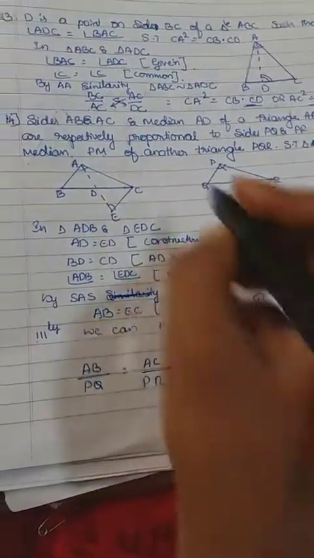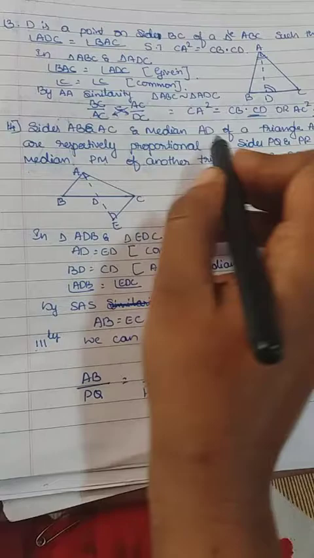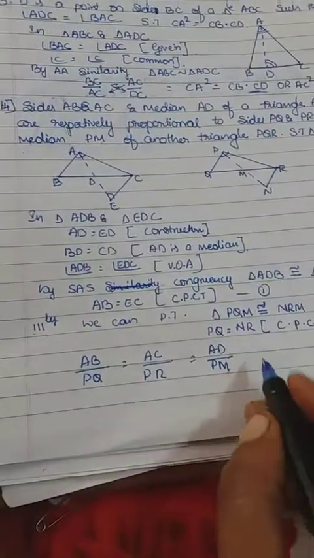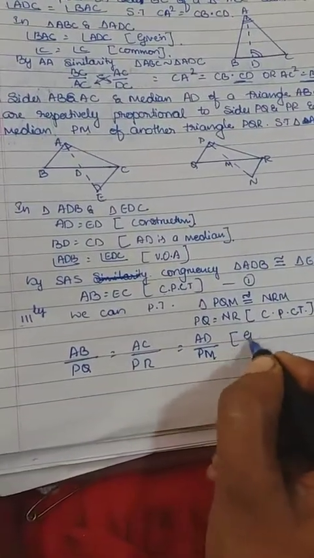It is given, because AB, AC and the median of triangle ABC are respectively proportional to PQ, PR and the median. That we have taken, it is given.